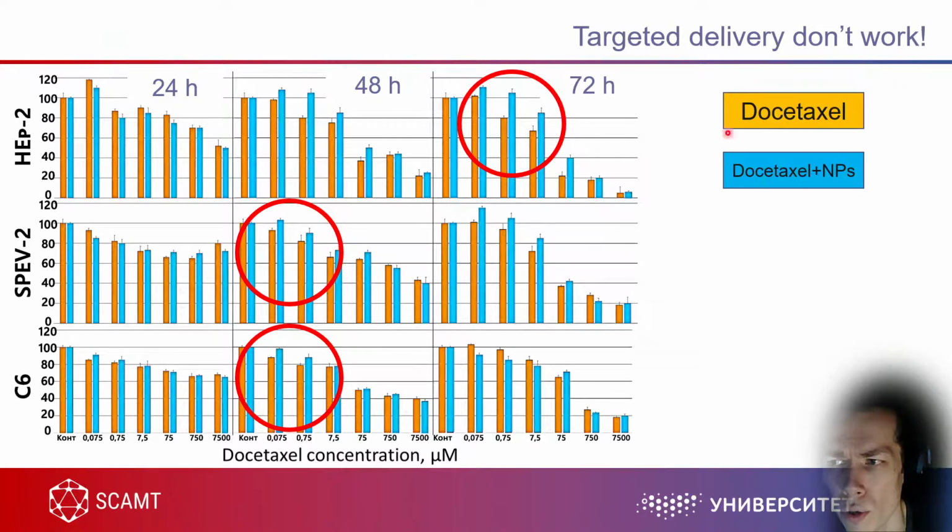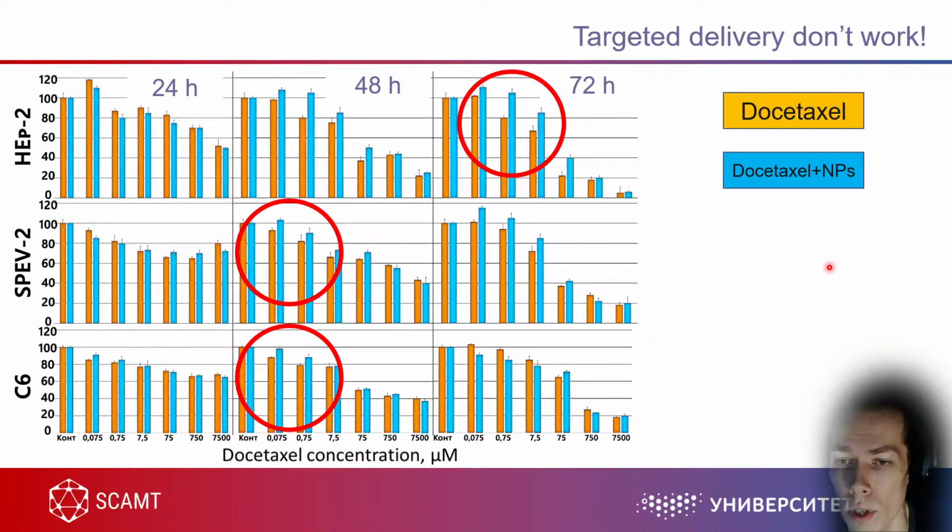This drug should be better delivered in these particles, accumulate in these particles and cause some additional cytotoxicity. But according to the MTT assay, everything is bad. Everything is worse than in case of just pure drug. And these results cannot be explained by only data obtained from the MTT assay.